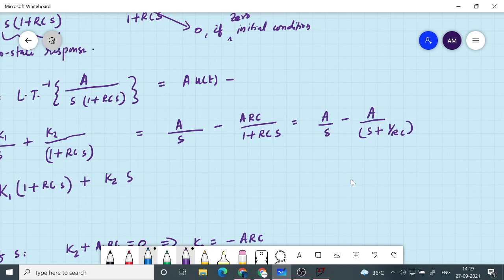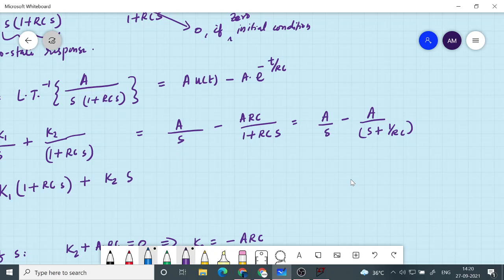Why? Because we have a direct formula to find the inverse here, and that is A into e raised to minus t by RC. 1 by RC comes from here. It is a coefficient. If it is S plus 1, I will write it as e raised to minus t. If it is some other quantity here, I will write e raised to minus of that into t.